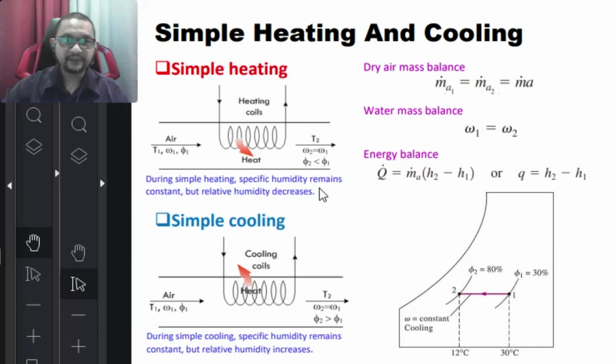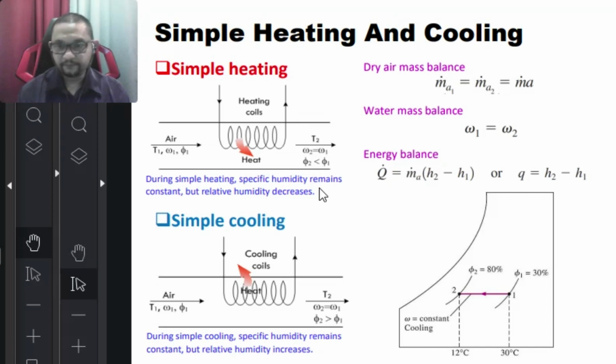The moisture capacity will increase with temperature in the heating process. Therefore, the relative humidity of heated air may be well below comfortable levels, causing dry skin, respiratory difficulties, and an increase in static electricity.